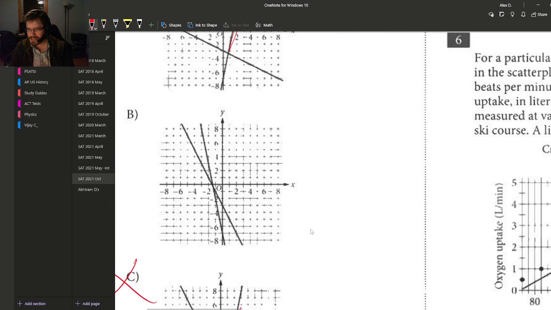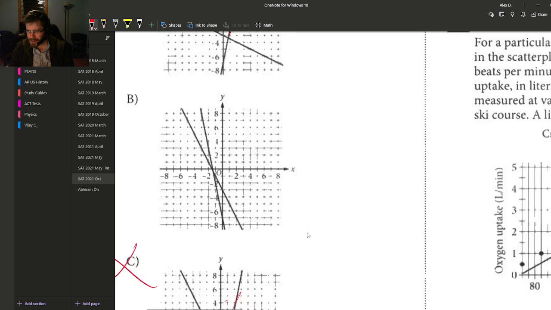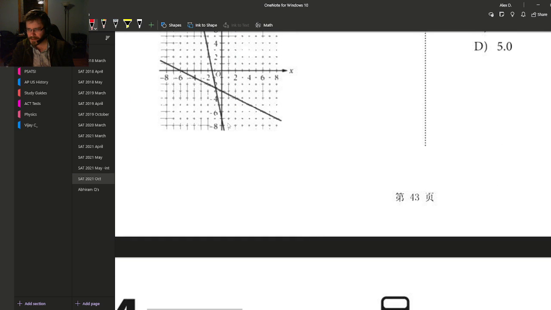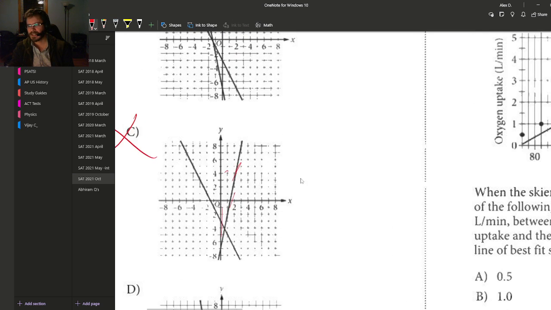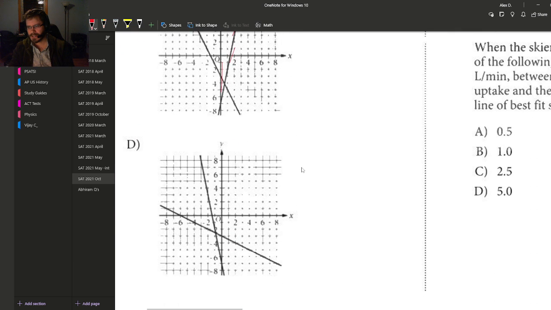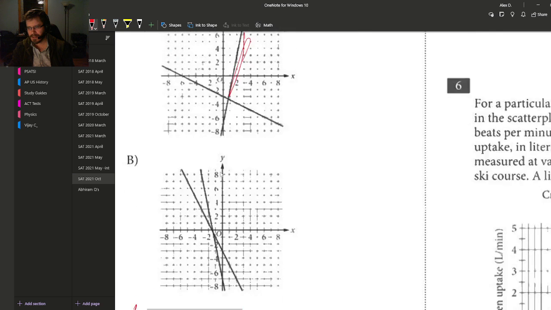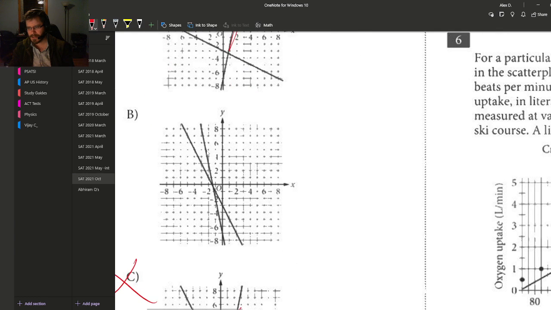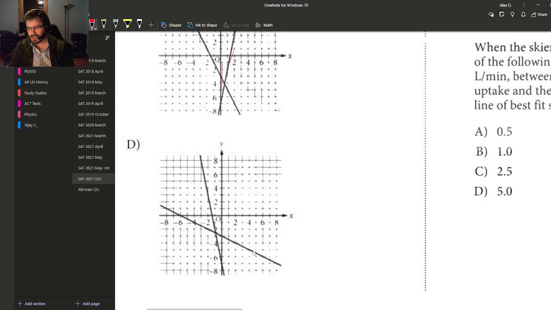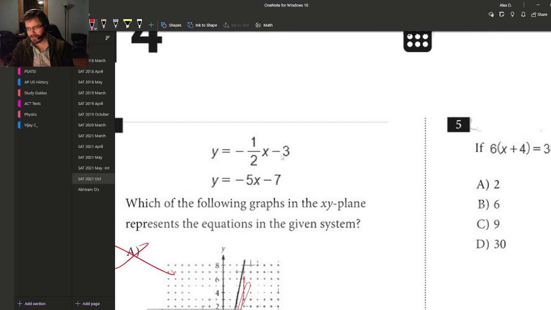They won't make it this easy, I'm sure. -3, -7. Alright. Check the slopes. The only difference: this line appears to be the same for both. So I'm going to check this line, and I believe this is going to be our answer because that slope is -1/2.